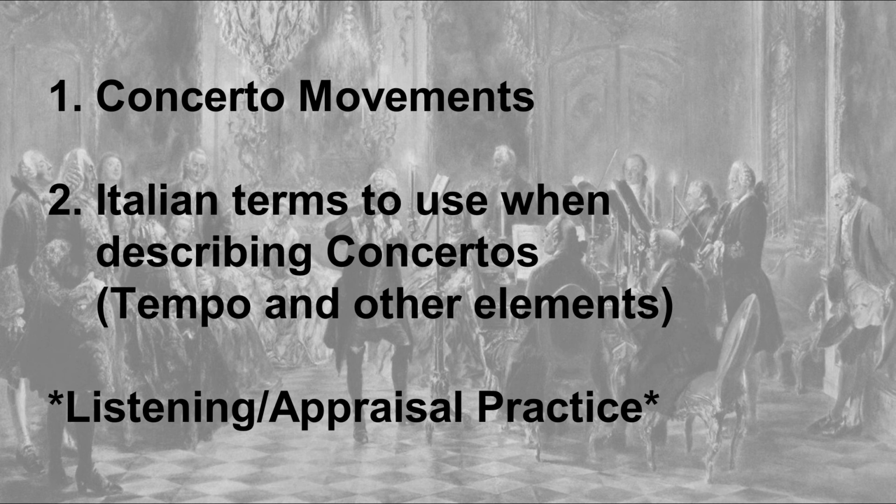And the Italian terms that we need to look at, I'm going to focus on tempo markings and terms that describe tempo, and that in turn is also relevant to movements, but we will also look at some other relevant terminology as well.